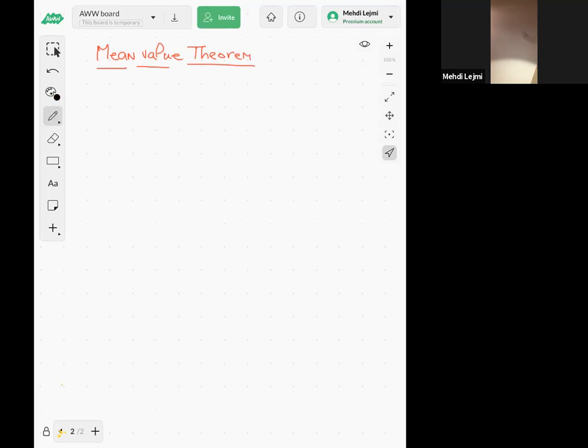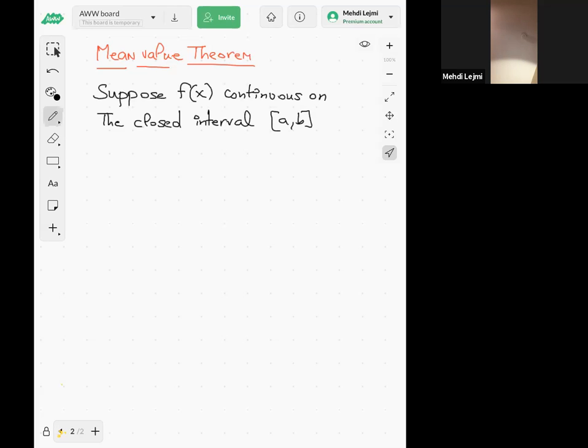Suppose you have a continuous function f of x on the closed interval [a, b], and also differentiable on the open interval (a, b).